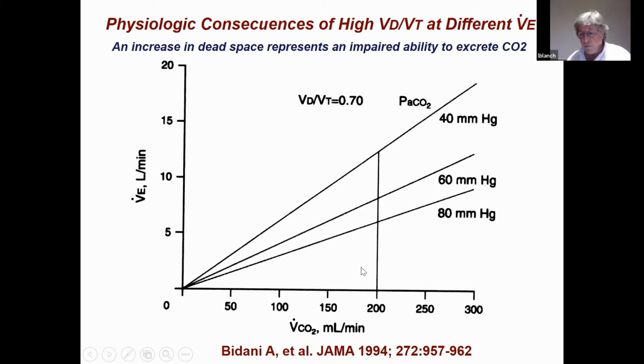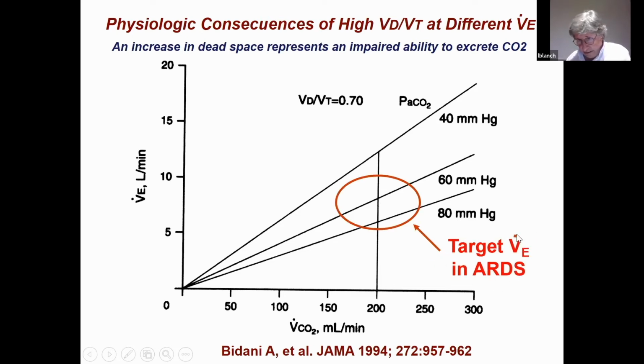But if we want to target a kind of protective mechanical ventilation, which will account for 5, 6, or 7 mLs per kilogram tidal volume, then the PaCO2 for this fixed dead space at this VCO2 production per minute will be 60 or 80 millimeters of mercury.